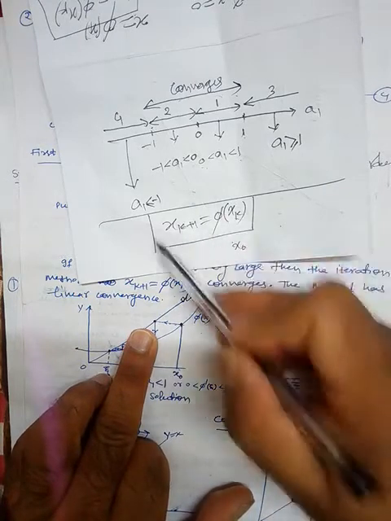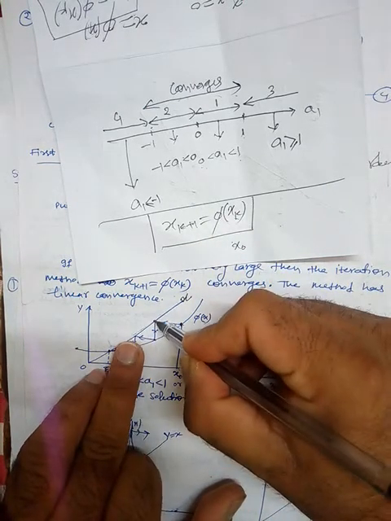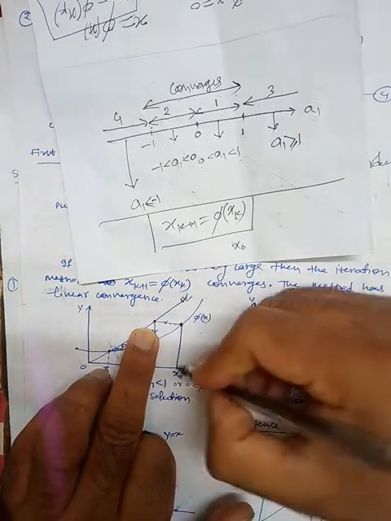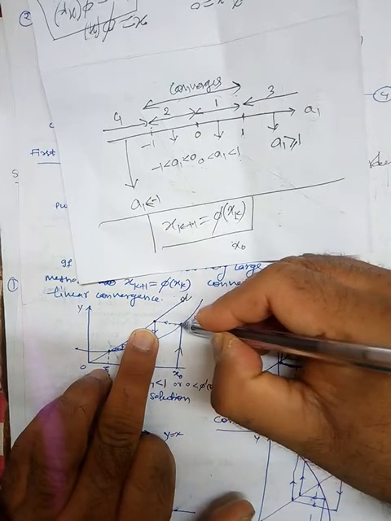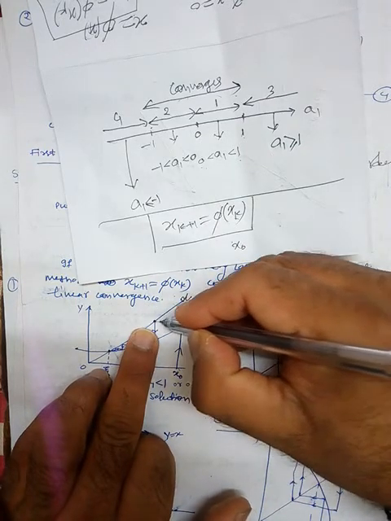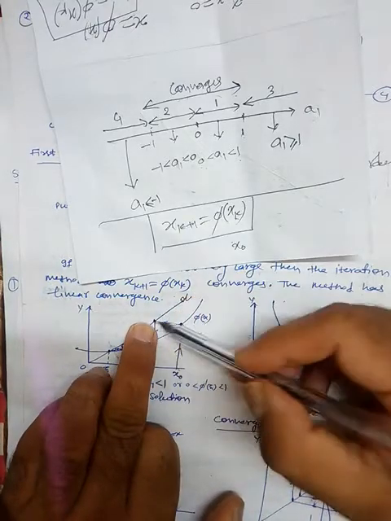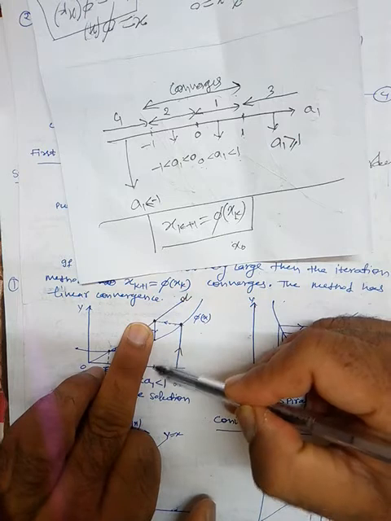That's why this equality holds. So now we have started with this point. Then we are moving along the horizontal line due to this equation. And at this moment, this is nothing but your x1 actually.